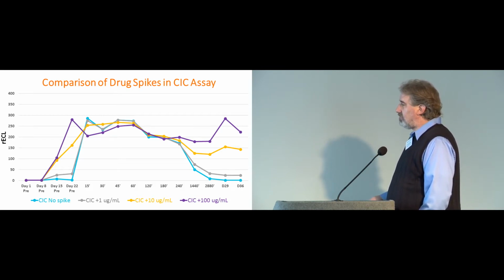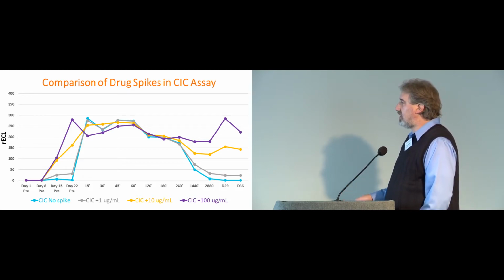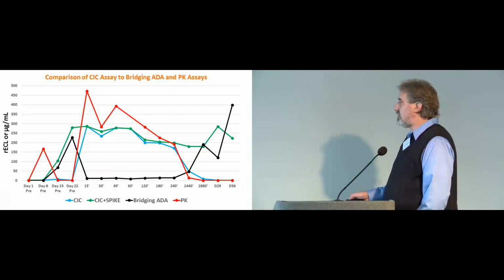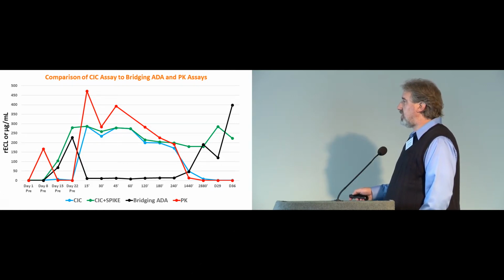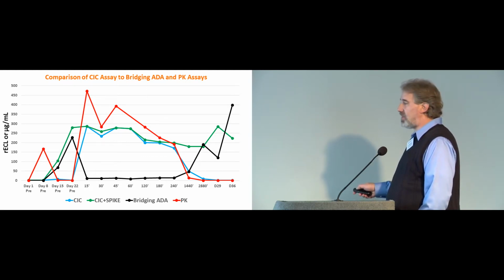And basically, the immune complex signal and the CIC spike, if we look at the previous, this gap here would be our CSC plus spike signal, and this would be our CIC signal. So basically, this difference here represents the amount of free ADA that's there, and then you can see how close together they are. And again, as drug is cleared, immune complex is being cleared, and finally, when they're at low enough levels, now our bridging ADA assay can pick them up.